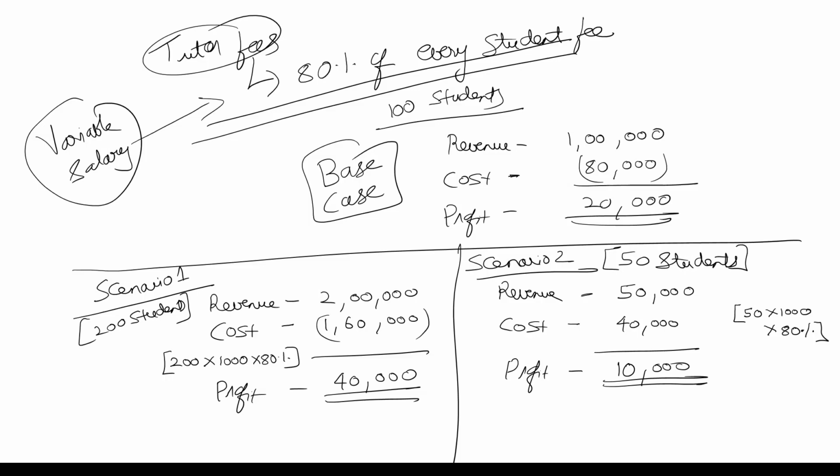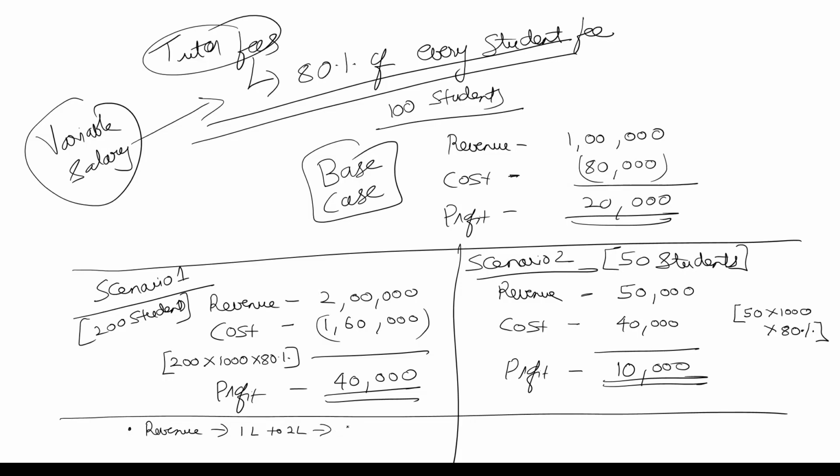Scenario 1 and scenario 2, let's see what happened. Revenue increased from 1 lakh to 2 lakhs, and that is an increase of 100%. If you look at profit, it increased from 20,000 to 40,000. That's also a 100% increase. You can see both are 100% here, and there is no magnified impact.